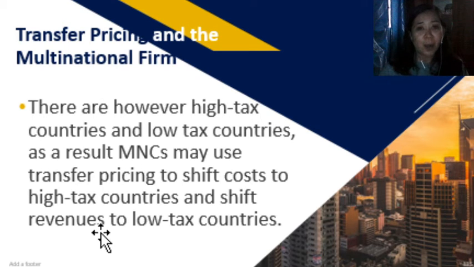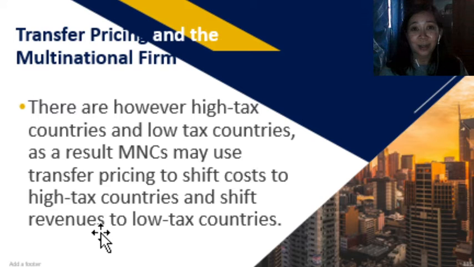However, we have different income taxes for different countries. So there are high tax countries and low tax countries. As a result, MNCs may use transfer pricing to shift costs to their high tax countries, because in this case they are just producing.